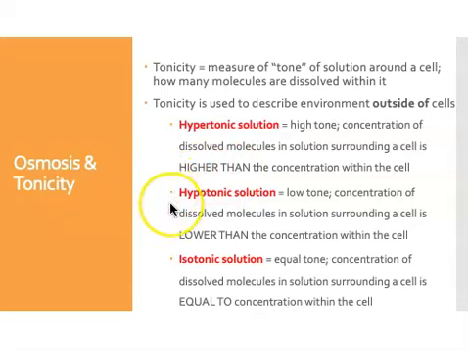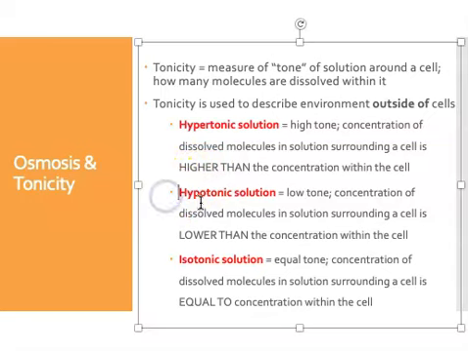Now, hypotonic is essentially the opposite. When a cell is sitting in a hypotonic solution, that's a solution that has a low tone. In other words, the concentration of dissolved molecules in the solution surrounding the cell is lower than the concentration inside the cell. The last term is this term isotonic.